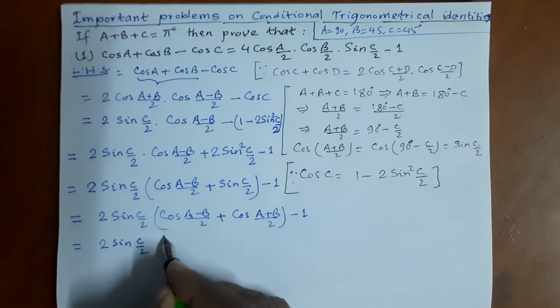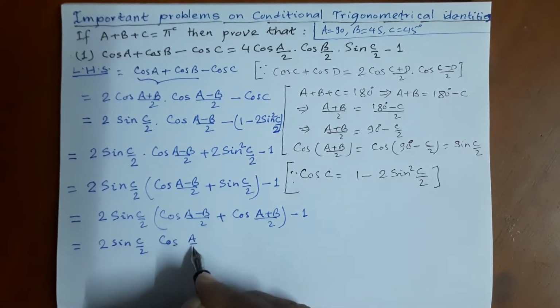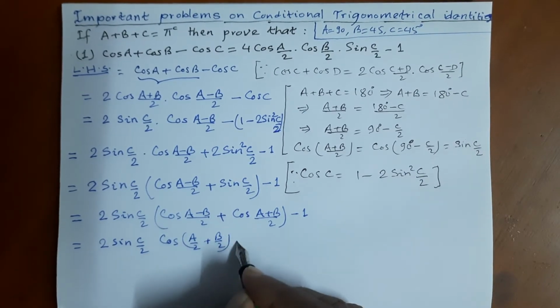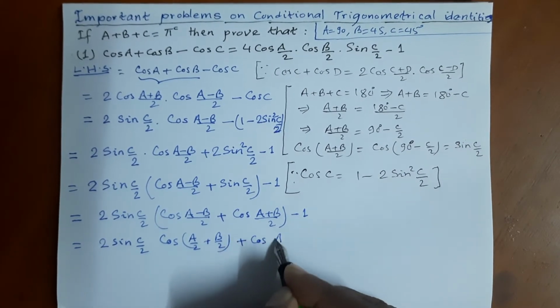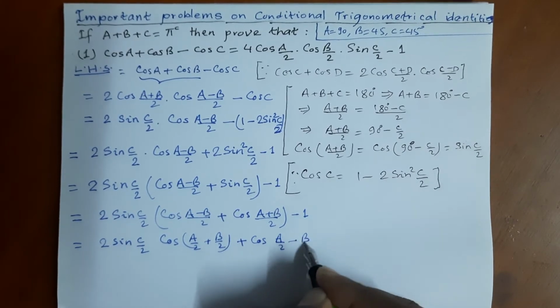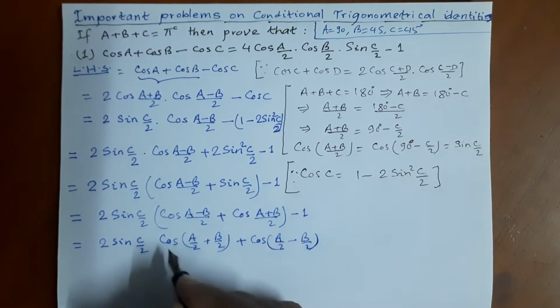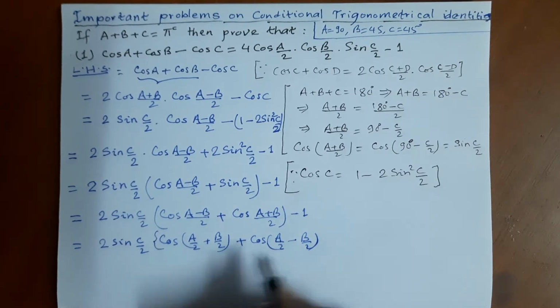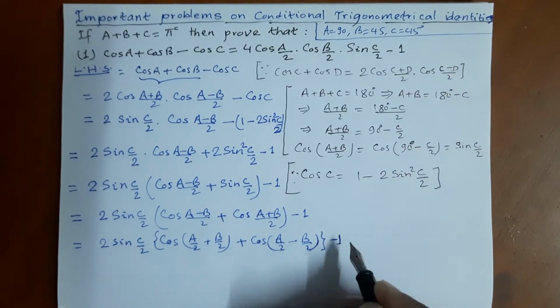Now this equals 2 sin c/2. This we can write at first, cos (a/2 plus b/2), and at last plus cos (a/2 minus b/2), enclosed by curly bracket, minus 1.